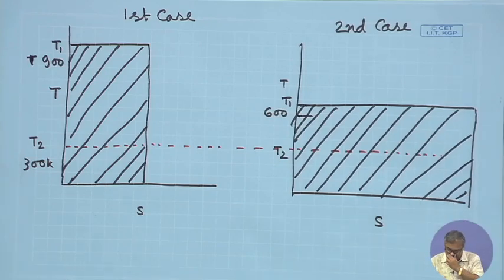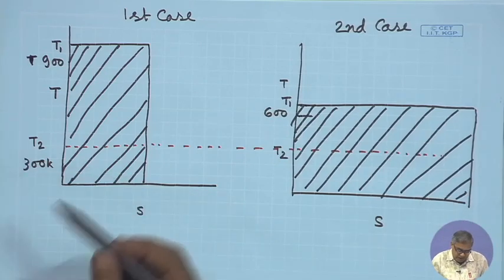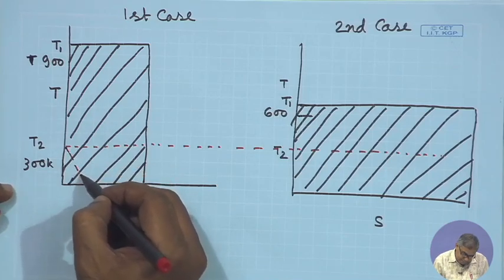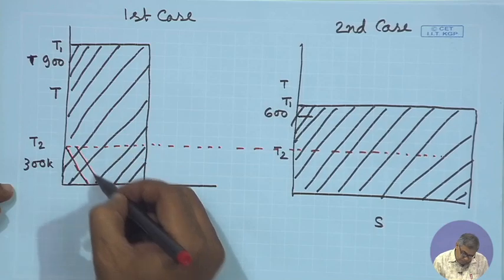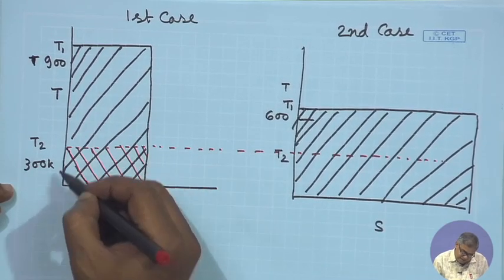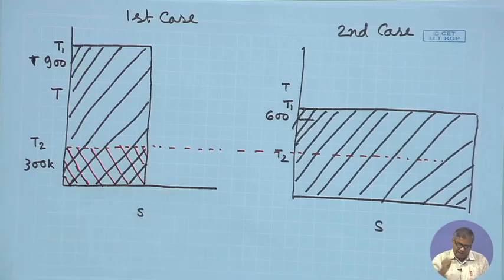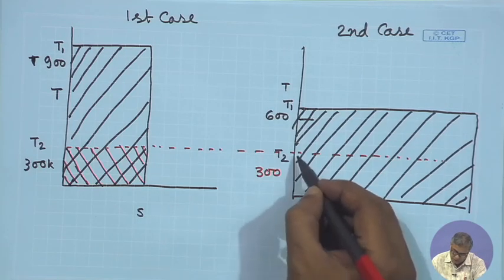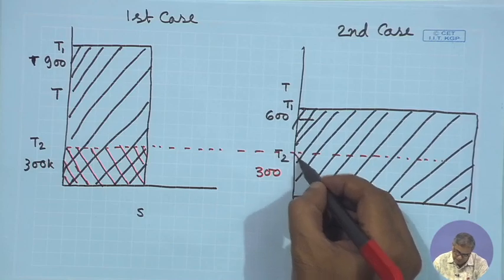In the first case, heat will be rejected. Heat rejection is at 300 Kelvin, and let us say this is represented by this hatching. In this case also it is 300 Kelvin.